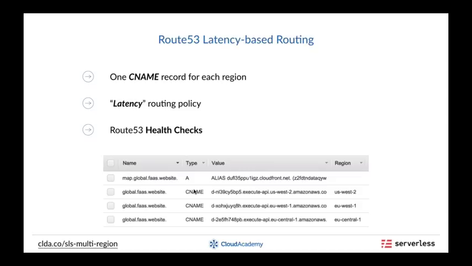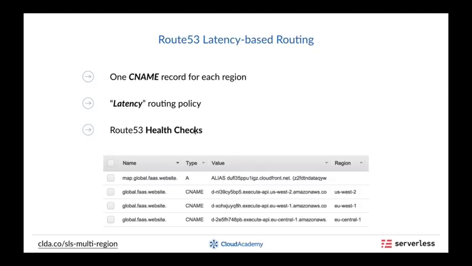Pretty cool. Another interesting feature is that you can set up health checks. Optionally, you can have specific API endpoints in your API gateway definition that will act as health checks for Route 53. So you set up, I don't know, a /health check, and those specific endpoints will make sure that all the components of your application are up and running.